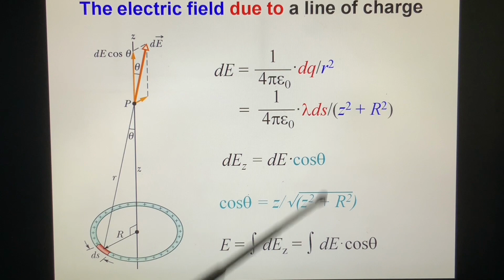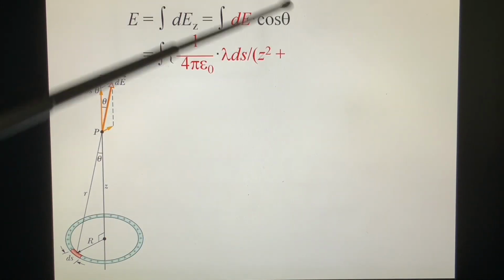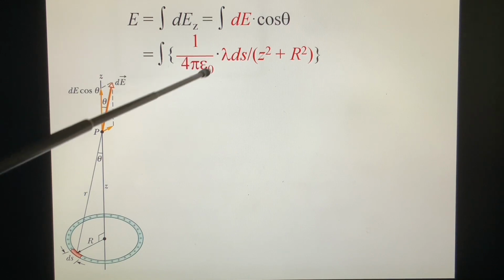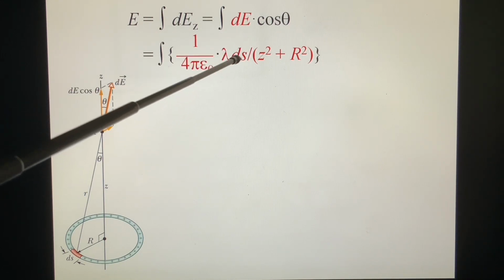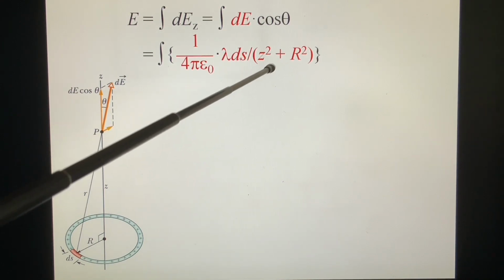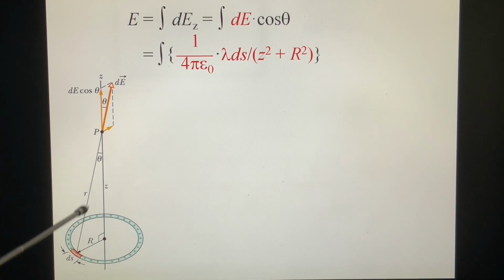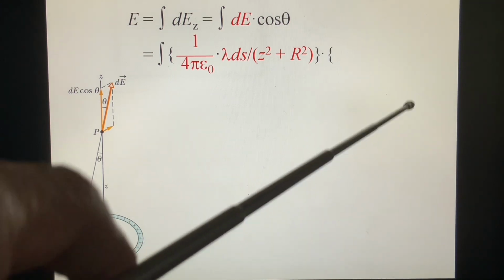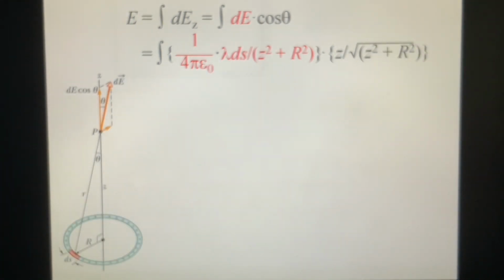We put in dE equals 1 over 4 pi epsilon 0, lambda ds over r squared. This is z. Cosine theta equals z over r, which is z over the square root of z squared plus big R squared.